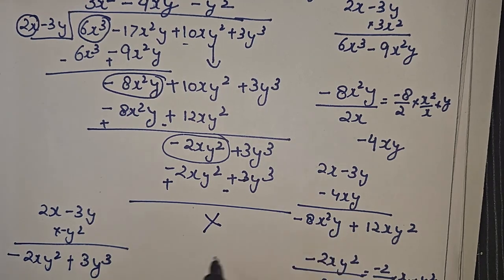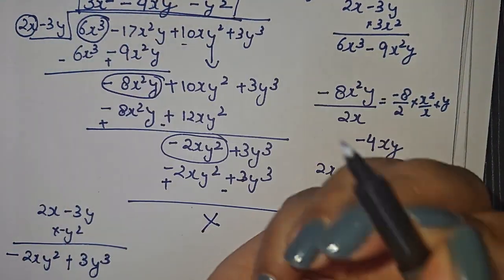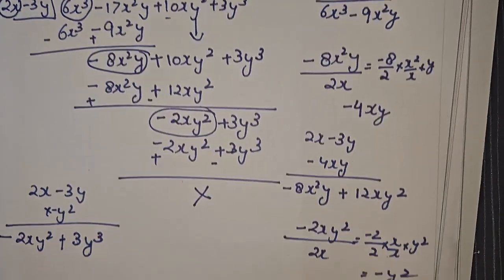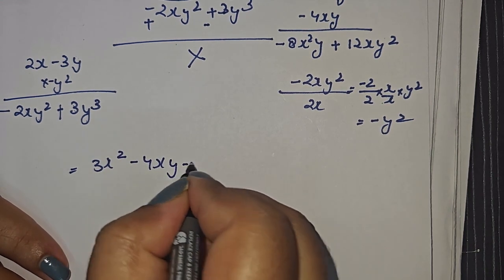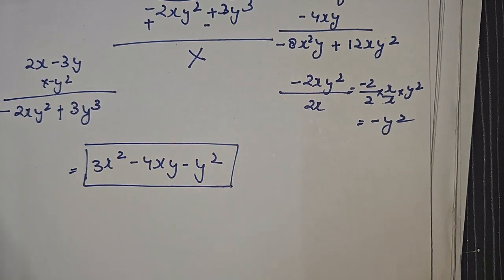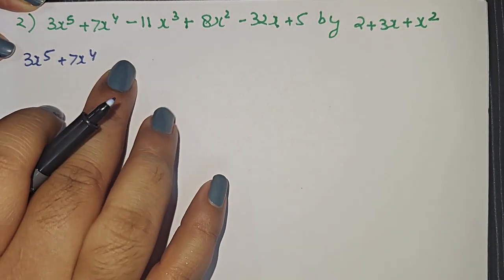So we have nothing as a remainder, and this is your quotient. So your answer will be 3x square minus 4xy minus y square. This is your answer.